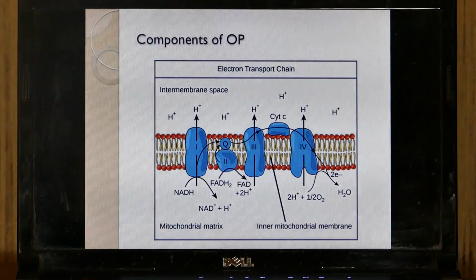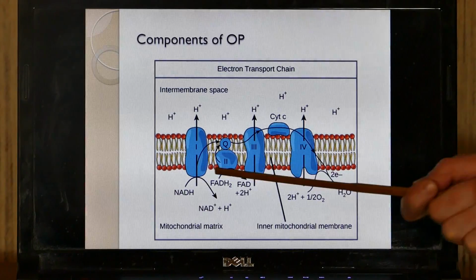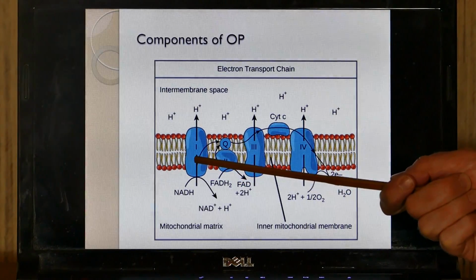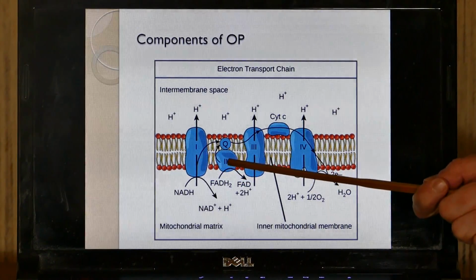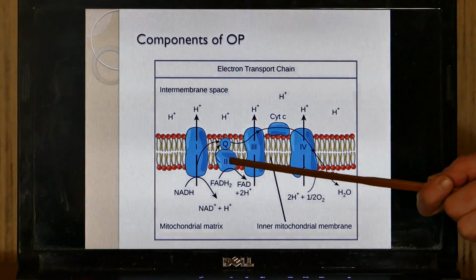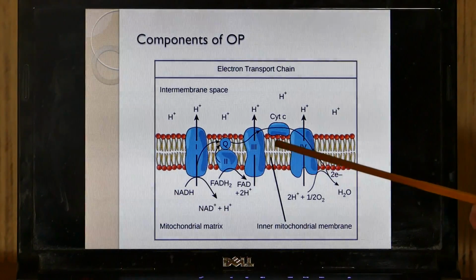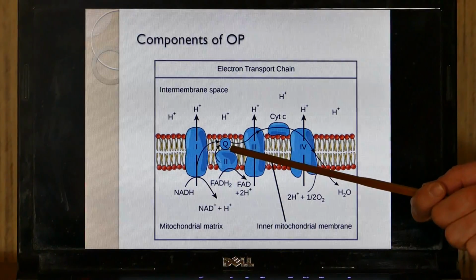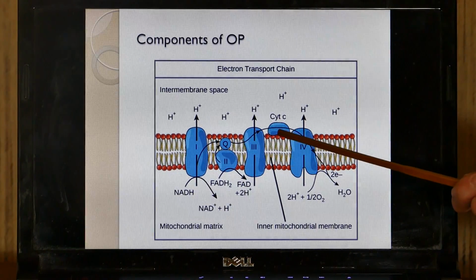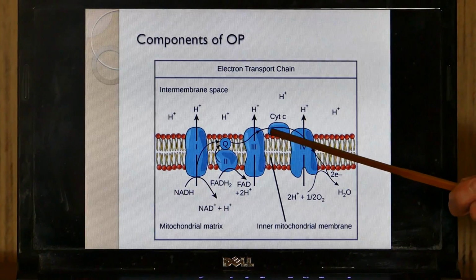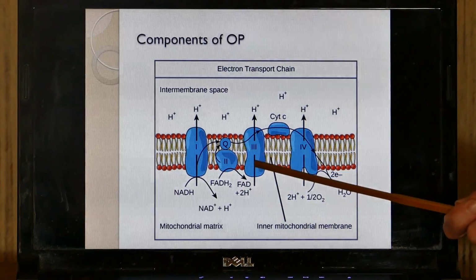Let's look at the components of OP. We have these large protein complexes labeled 1, 2, 3, and 4. We have a couple of smaller proteins. This one's labeled Q, and this one labeled cyt C, which are also used in the process.